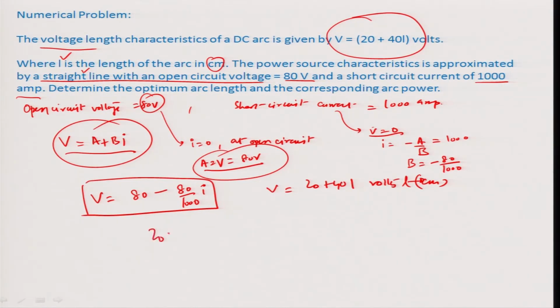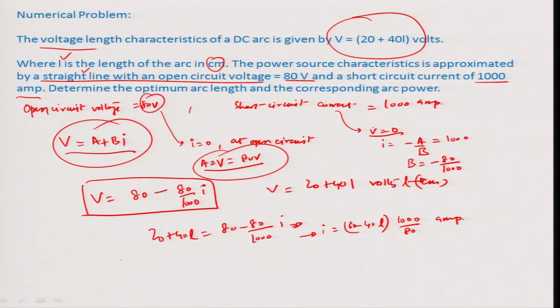So, obviously, 20 plus 40 L becomes equal to 80 minus 80 by 1000 I, and I can be found in this particular case as minus 40 L plus 60 divided by 80 multiplied by 1000 amperes. That is how you can find I.